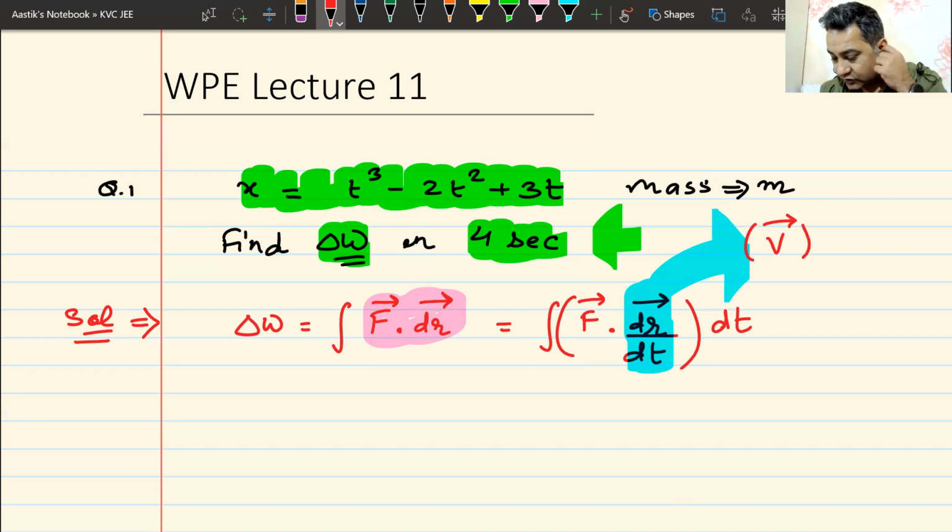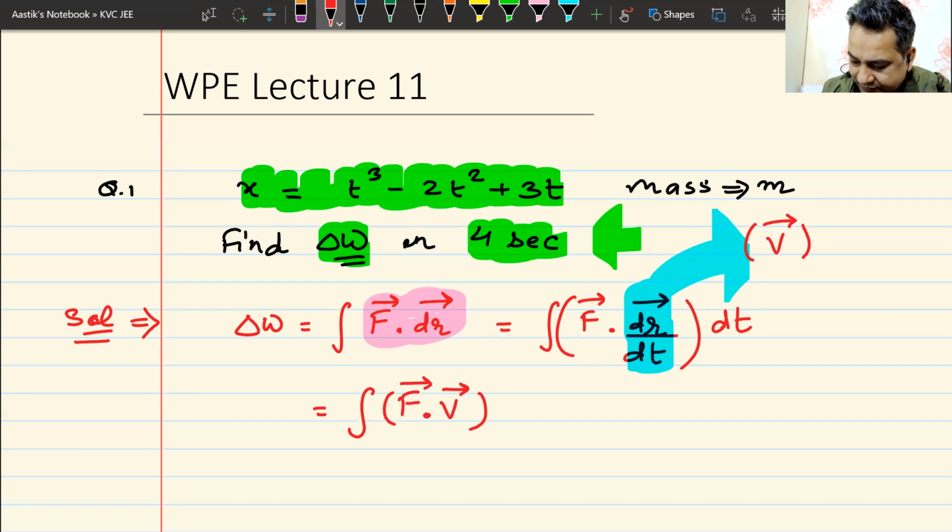So now my equation looks like this. Work done is the integral of F dot v multiplied by dt. It is the same equation. Instead of writing it as F dot dr, I have written it as F dot v multiplied by dt.